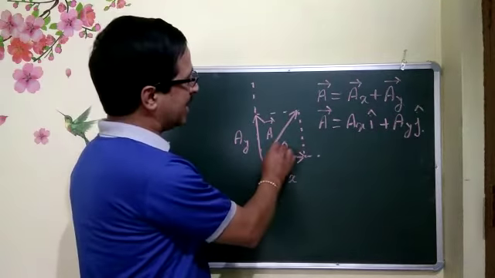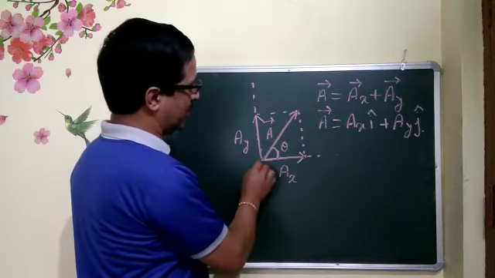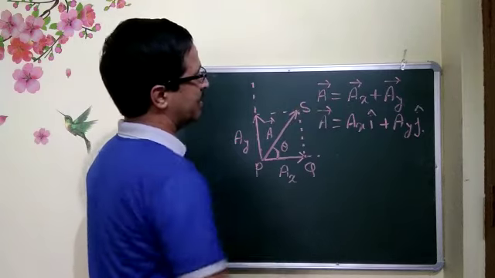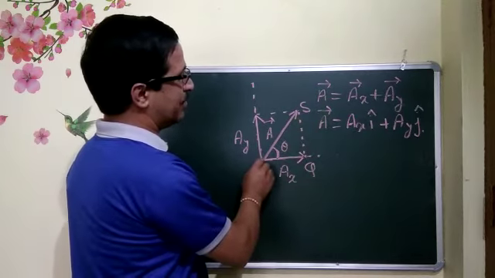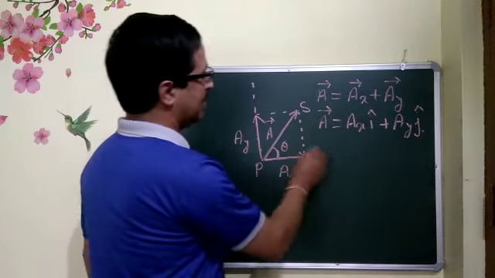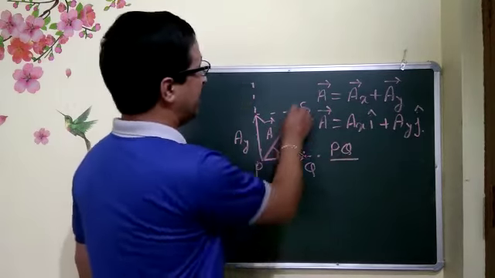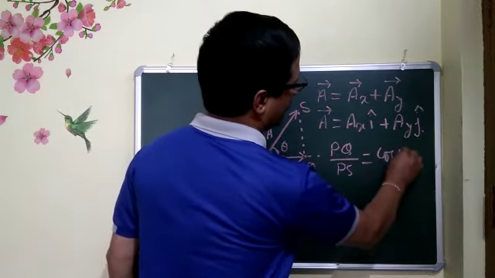If this angle is theta, then you can see from this triangle, let us call it PQR or PQS. Then from this triangle PQ, which is the magnitude of the vector ax, PQ upon PS is cos theta.